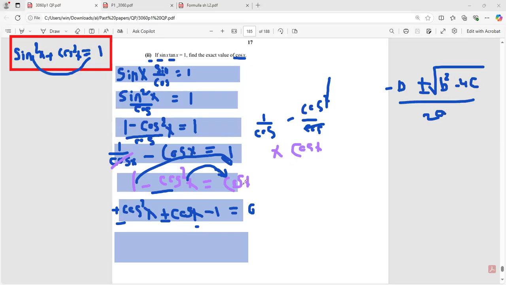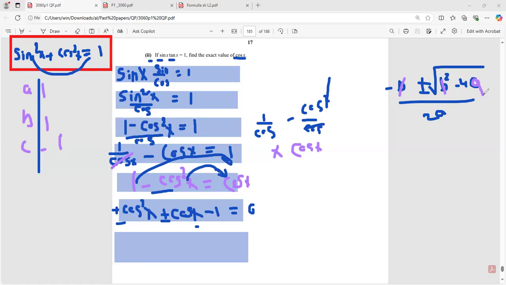So here I have a equal to 1, b equal to 1, c equal to negative 1. So it's easy, just 1 times 1 for ac.